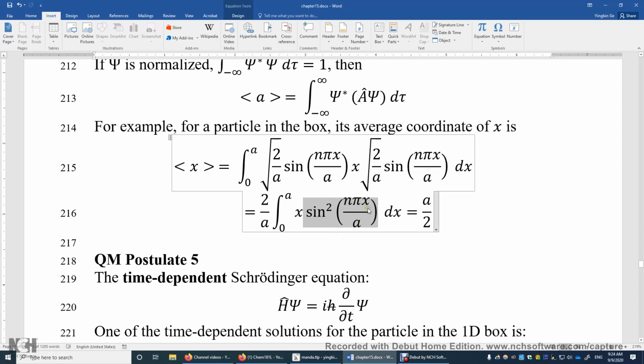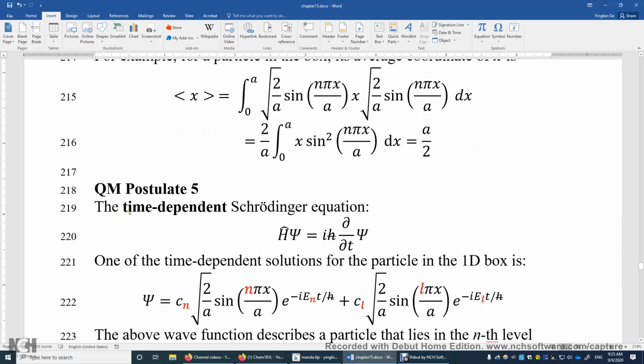And then you need to somehow move that cosine theta in here to convert it to d sine theta. And then starting from there, you can gradually simplify this integral. But in the end, I guarantee you will get 1/2 of a. Just by looking at this wave function, it's symmetrical with respect to x equals 1/2 of a.